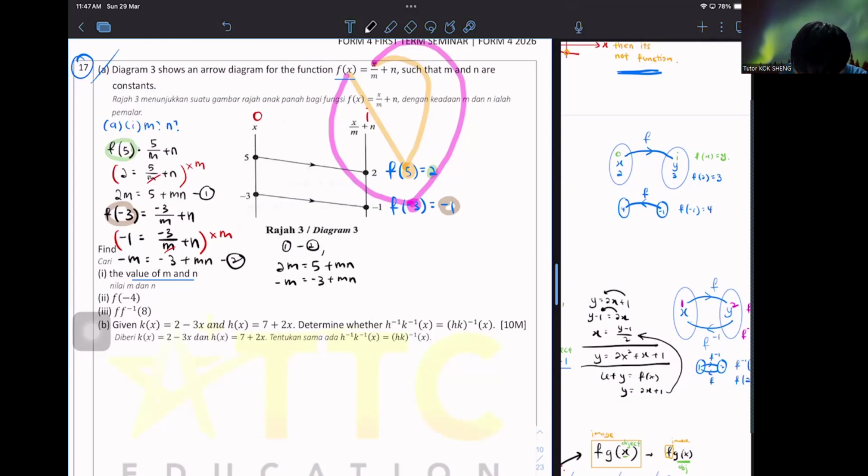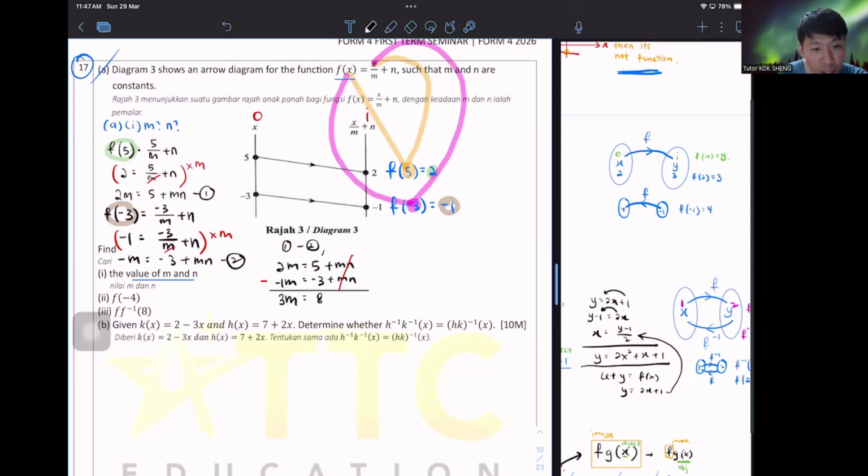Minus, so this part is gone already. The rest: 2m minus 1m, you get 3m. 5 minus -3 will be 8.